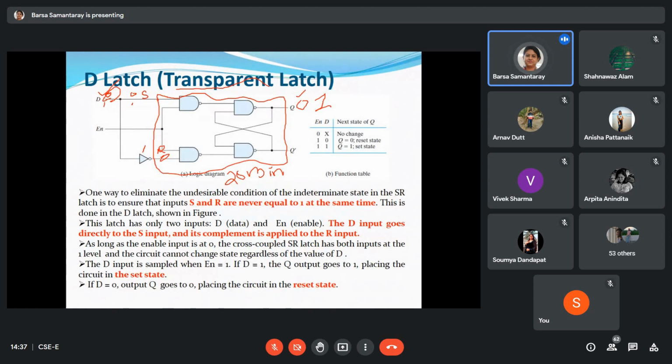Suppose I want the 0 at this time, and after some time or later I want same 0. But during the meantime I am doing other work. So due to the other work, maybe this output changes to 1.